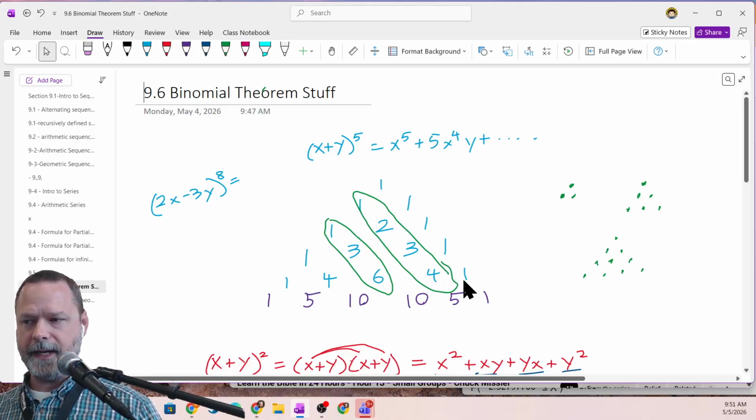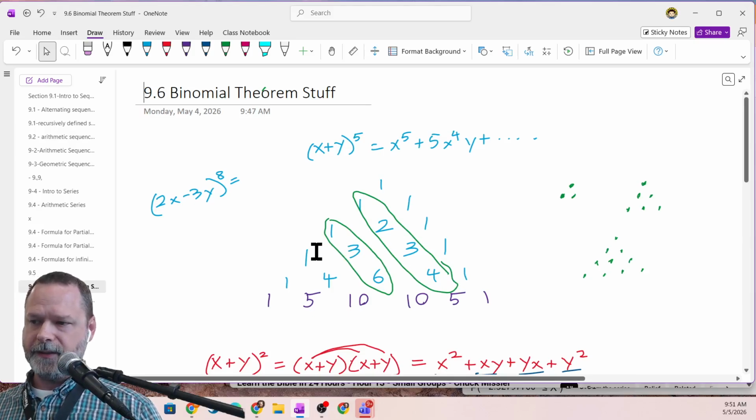There's a reason why. There's a linkage there. And just a really quick mention, to get one row, you add the two numbers that came right above it. So to get this 5, that's 1 plus 4 is 5. To get the 10, that's 4 plus 6, that's 10. To get this 10, 6 plus 4 is 10. That's 5, 4 plus 1 is 5. And that's how I get every next row.